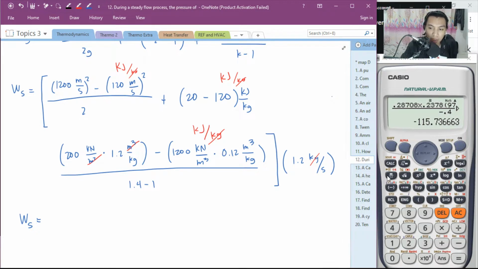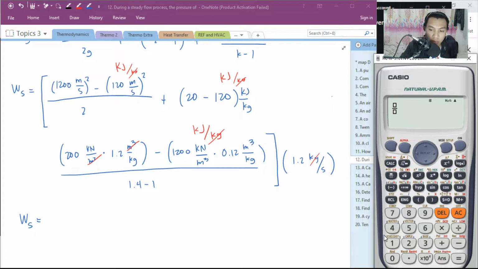Ay, mahaba talaga siya. So, 1, 2 squared minus 120 squared divide by 2.